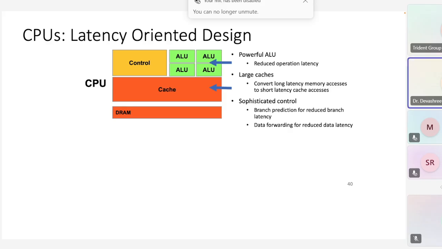Second, they have very big caches, because caches can convert long latency memory accesses into short latency cache accesses. The third part is the control. They have a very sophisticated control mechanism, equipped with good branch prediction and data forwarding techniques.